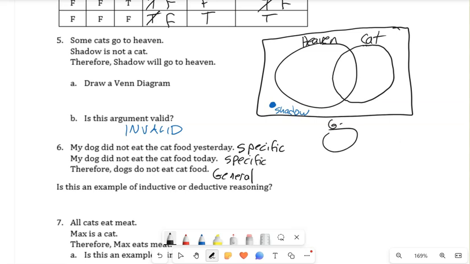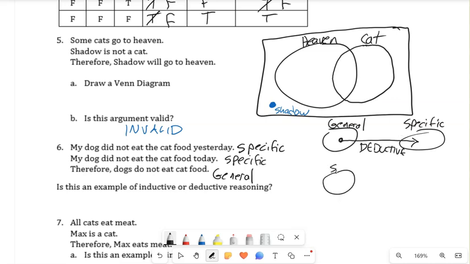So when we have general and specific: if we have general information and we're getting to specifics, that's deductive. Whereas if we have specifics and we're implying a general, that's inductive.